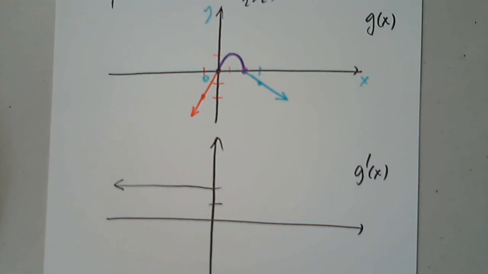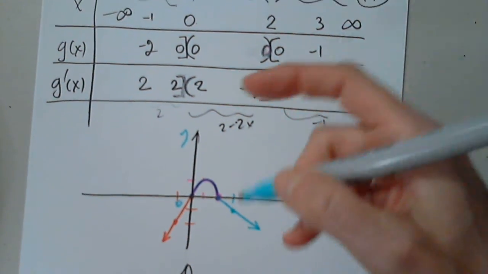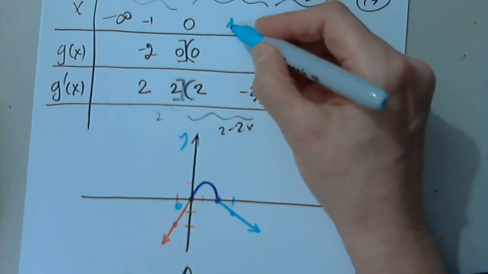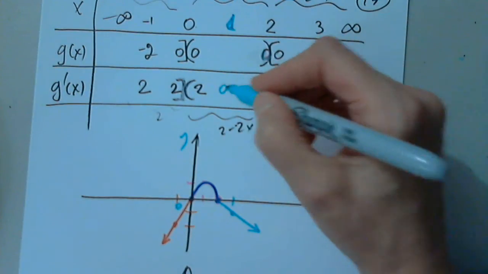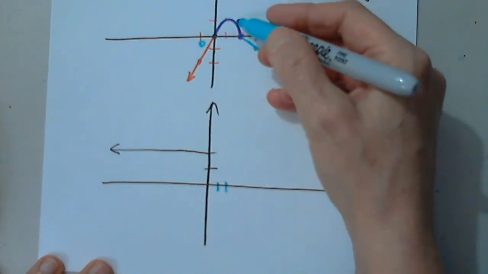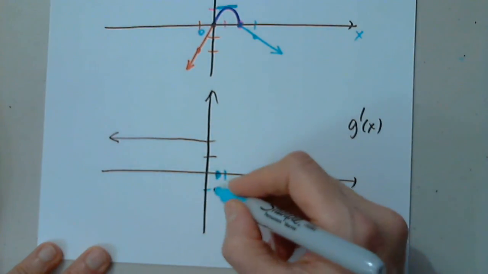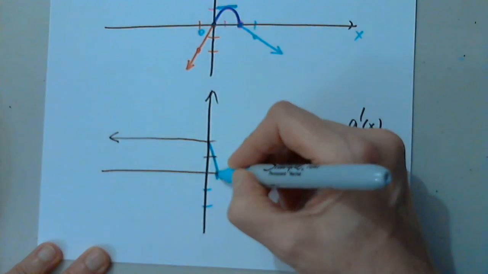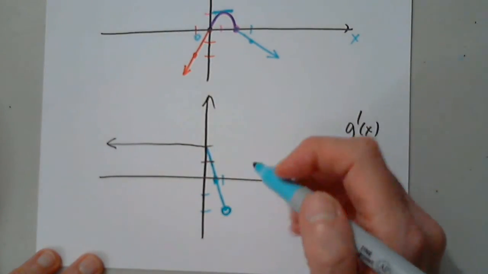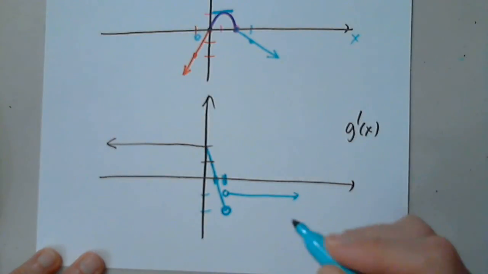Now here it's a linear function. At 1 is 0. Of course, at 1, right here. At 1 has to be 0 because the slope is 0. And on this side is -2. And of course, open. Okay, and it jumps to -1. All the way. That's it.